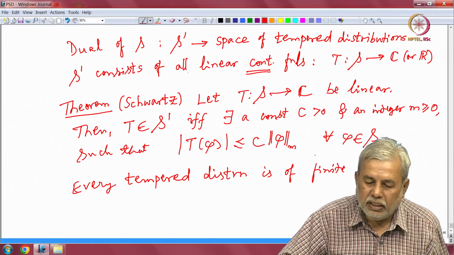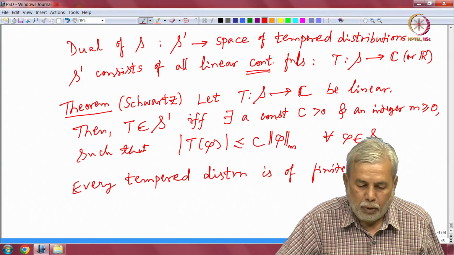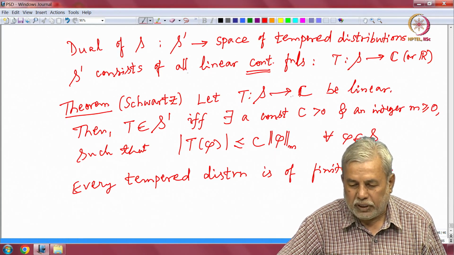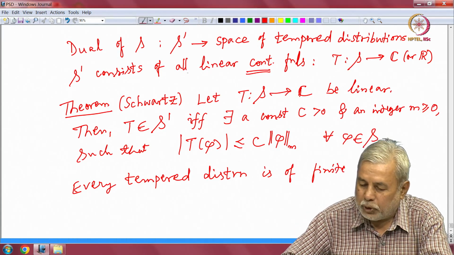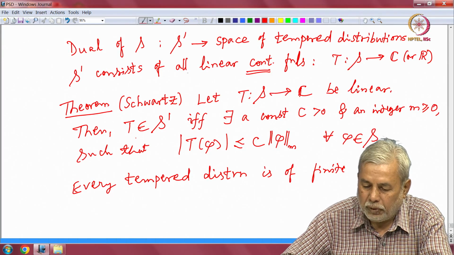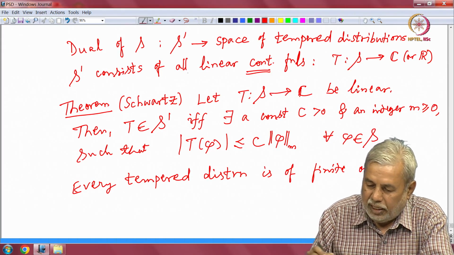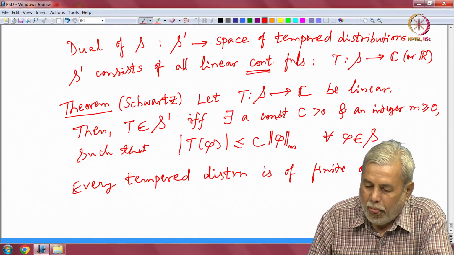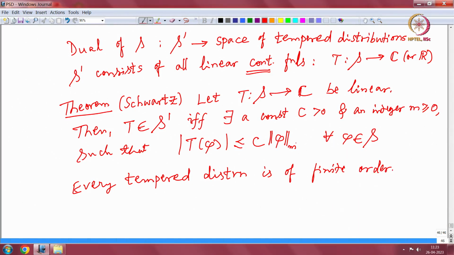So, this is how you check whether a linear mapping T from S to C is a tempered distribution or not. Of course, M depends on T, and the constant also depends on T. M may become larger and larger, but in any case for every T there is a finite M, that is important.